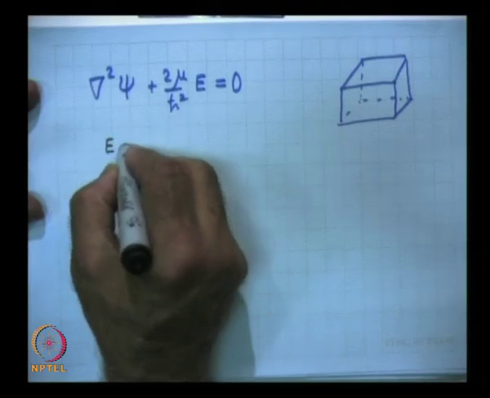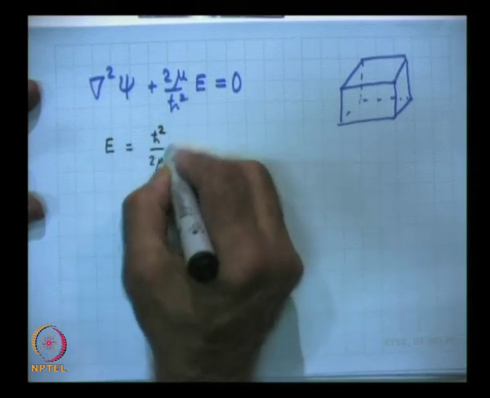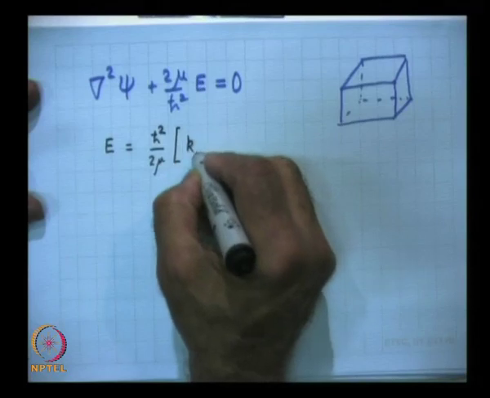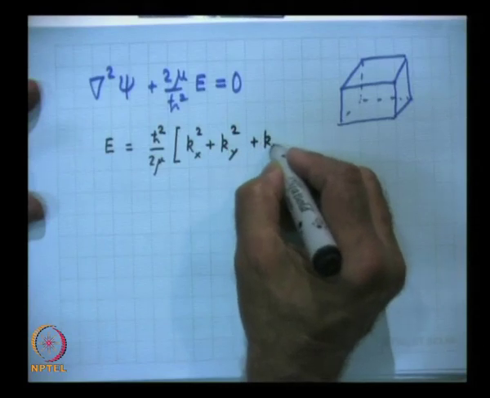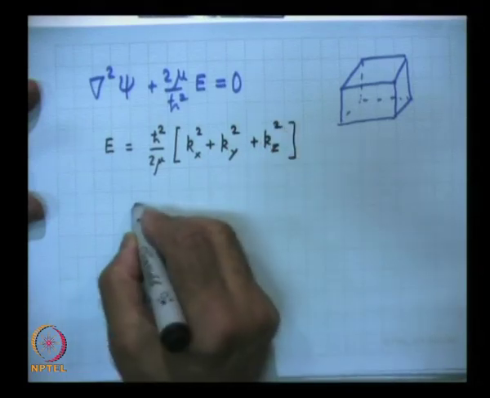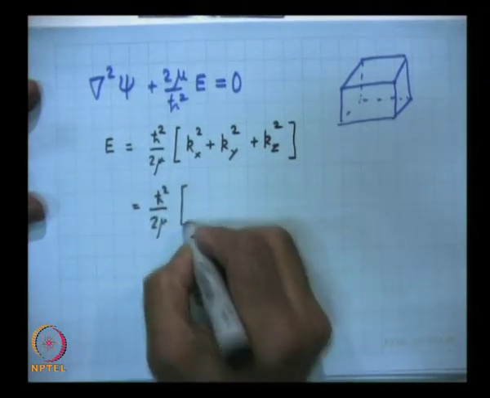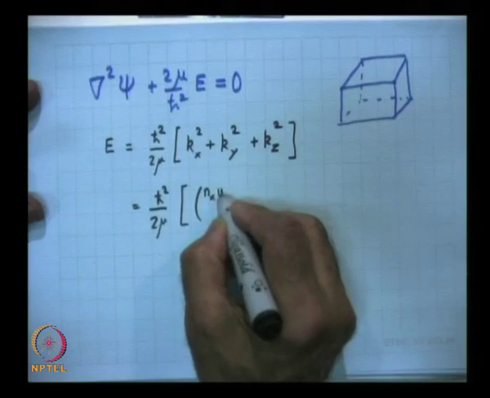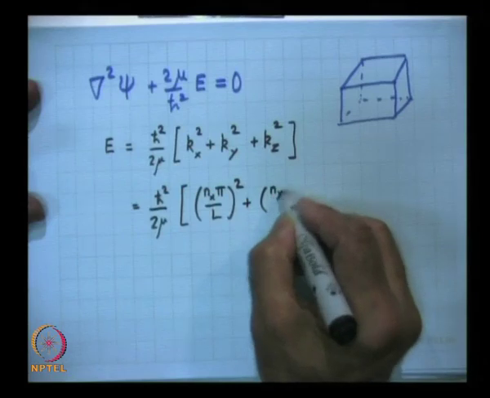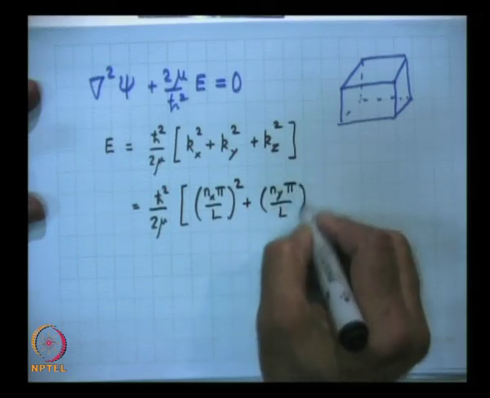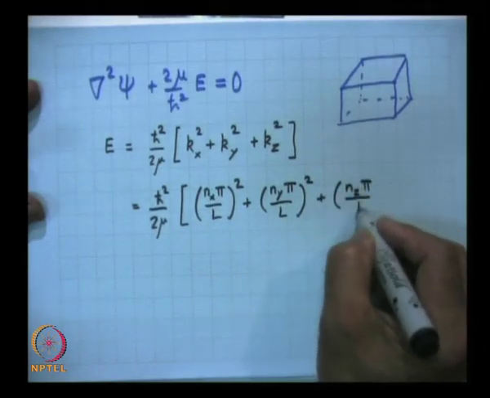We obtained the energy eigenvalues E equal to h cross square by 2 mu into k x square plus k y square plus k z square, and we had obtained h cross square by 2 mu into n x pi by L whole square plus n y pi by L whole square plus n z pi by L whole square.